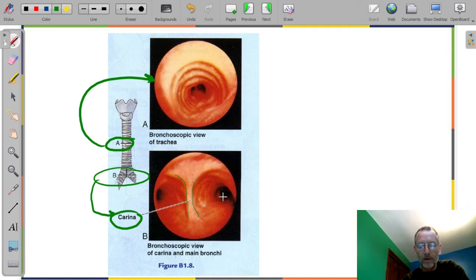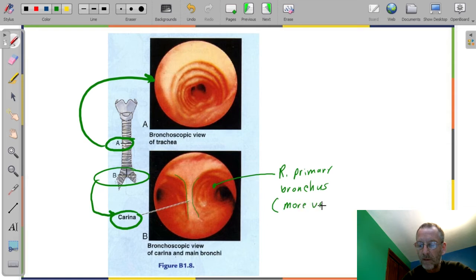Air goes down and splits at this point. It bifurcates into the right and left primary bronchus. This would be the right primary bronchus, and it turns out it's a little more vertical, where the left primary bronchus goes off at a bit of an angle.